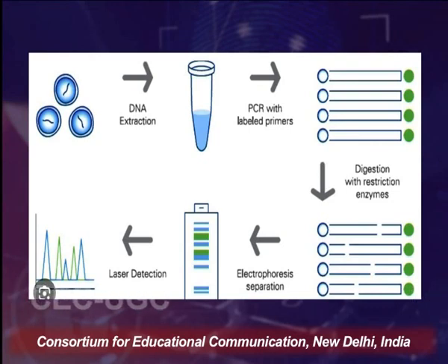After electrophoresis, we can get various strands of DNA of various lengths, for example, 200 base pair, 300 base pair, 350 base pair, and with laser detection, we can identify the perfect section we were looking for, whether this shows a match or not.